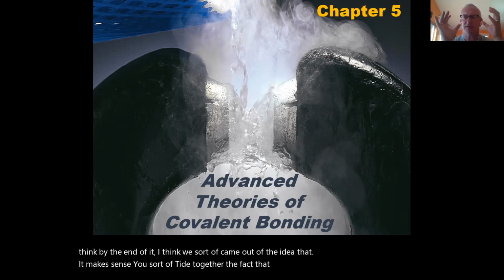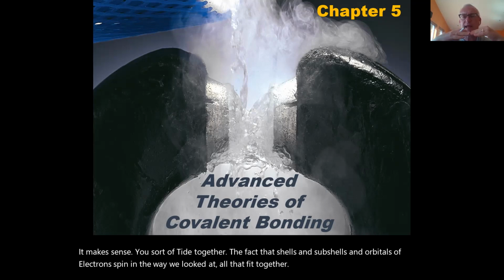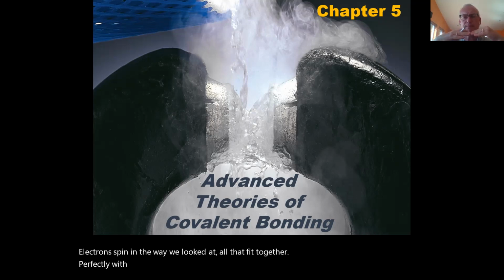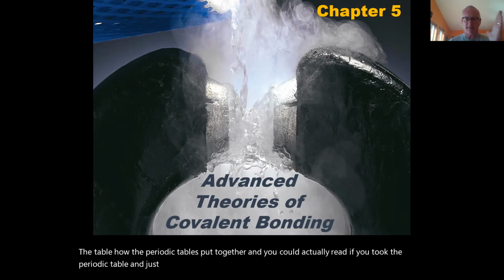shells and subshells and orbitals and electron spin, the way we looked at all that, fit together perfectly with how the periodic table is put together. If you took the periodic table and just went across, you could see how each atom introduced a new electron.